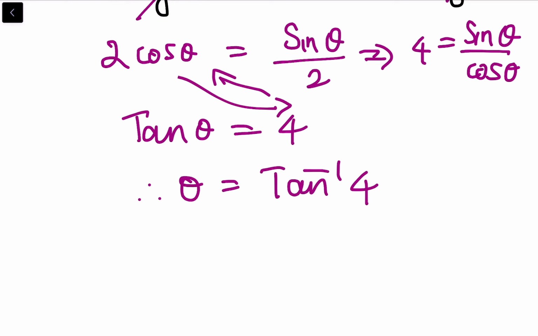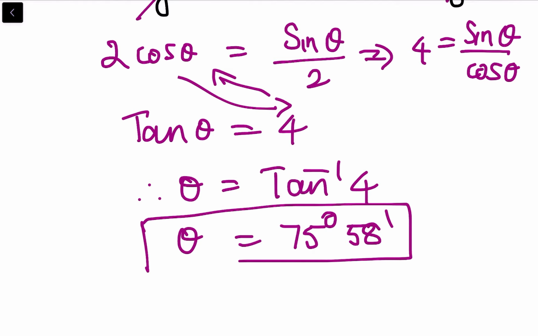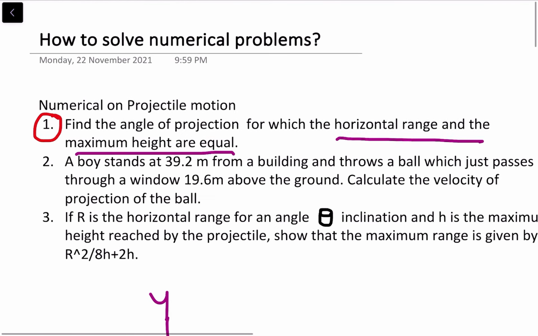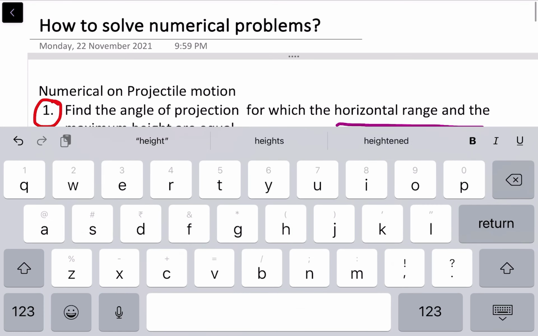So from that book you can find that theta is equal to 75 degrees 58 minutes. This is the answer for the first numerical.